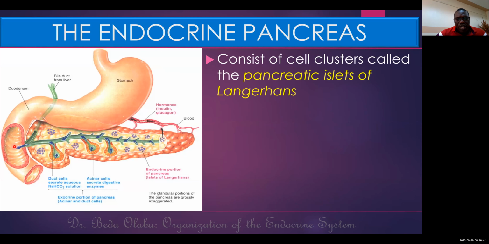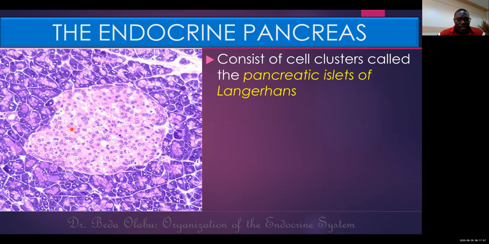Now, when you talk about the endocrine pancreas, we are talking about clusters of hormone-producing cells. These clusters of hormone-producing cells are the ones known as the islets of Langerhans. We call them islets of Langerhans.